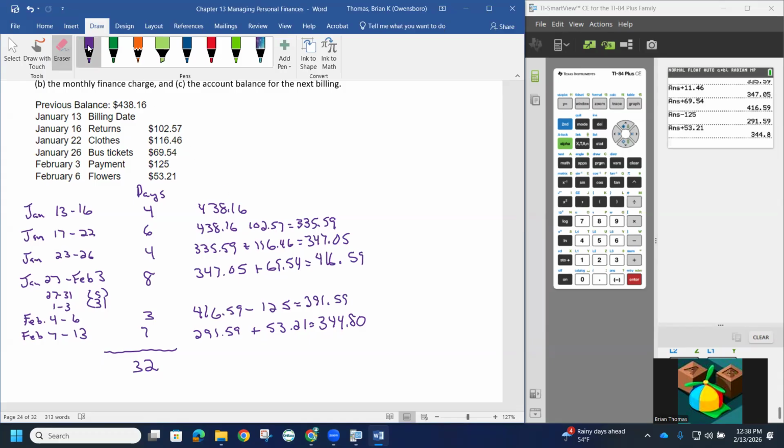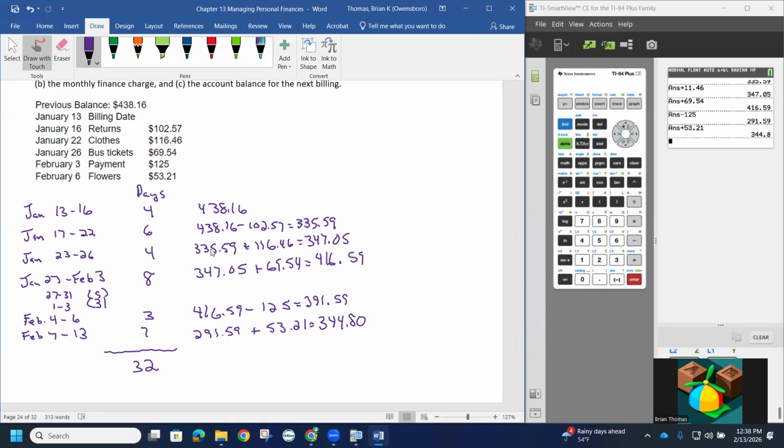Returns makes my balance go down because it's like money back to me. So returns reduces my credit card debt. So now I'm actually down to 335.59.